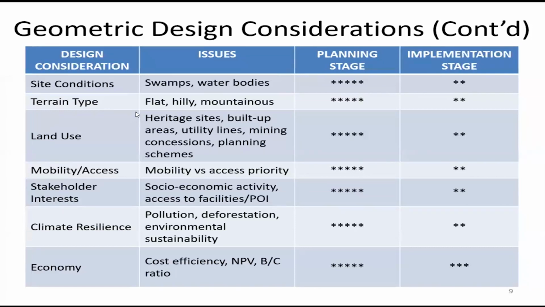We are looking at benefit to cost ratio in the area of cost efficiency. During implementation, we still take decisions in this area to keep costs within budget. And a lot of them will be in the area of geometric design.